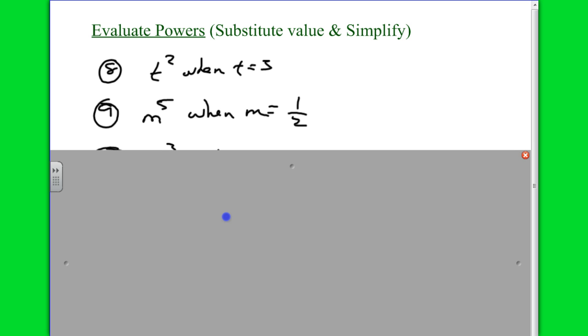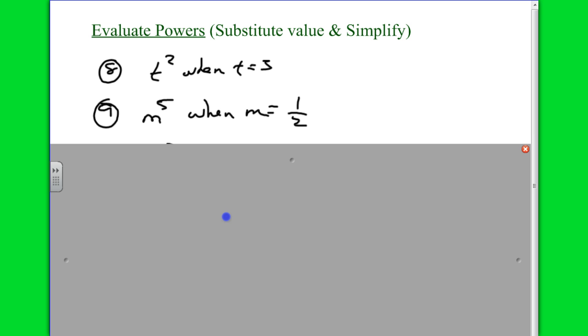Well, he's actually changing it to decimal form. I was thinking of it in terms of a fraction. 1/10. Okay, well, so really it would be 1/2 to the 5th, right? So how many times do we have 1/2? We have 5 times. So we could expand this and say 1/2 times 1/2 times 1/2 times 1/2 times 1/2.